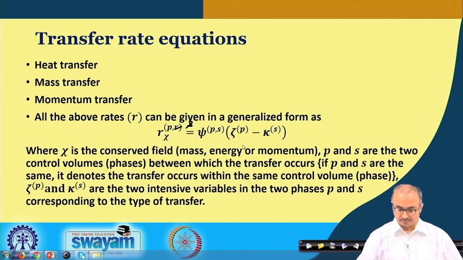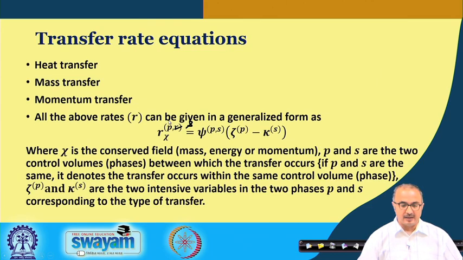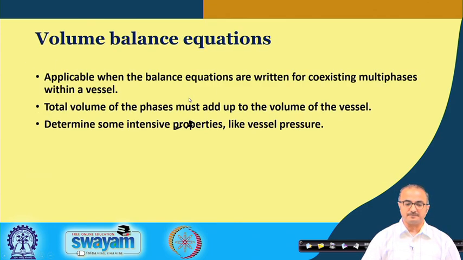For the mass balance, this will represent the concentration; for the energy balance it will represent the temperature; and for the momentum balance it may represent the pressure or the velocity. So, we have different kinds of intensive variables associated with each of these transfers.